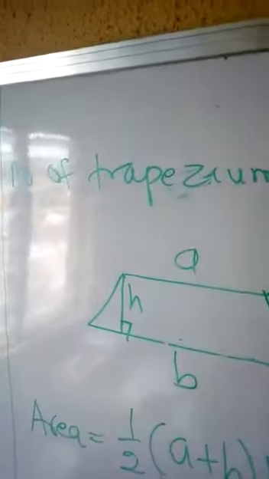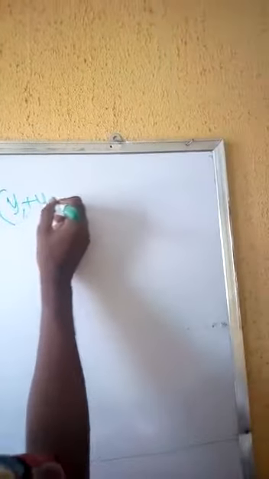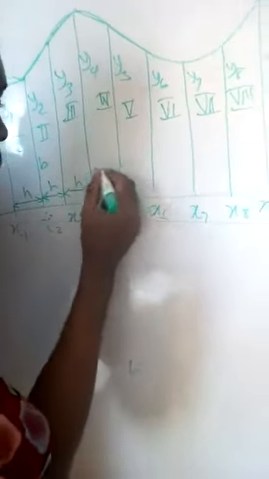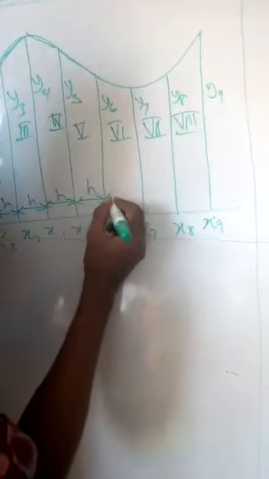So the area of the first trapezium will be half the sum of the parallel sides, y1 plus y2, times the height. We are going to divide into equal heights, so the interval between the x values will all be the same.